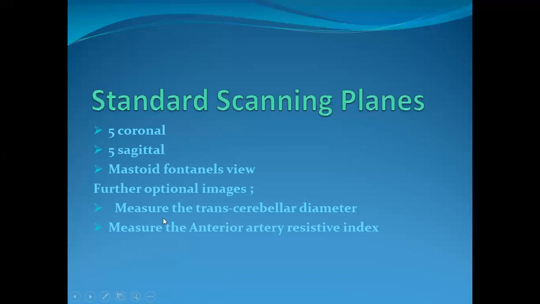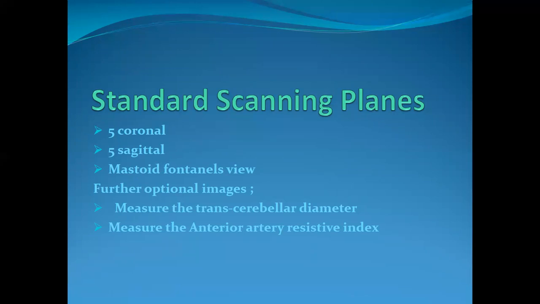The reason why we are doing these scans is because we want to see the neurological outcome, whether there will be poor neurological outcome as the infant grows up or not. That's why we are doing these scans. In cases of white matter injury, you are expected to do a Doppler scan.